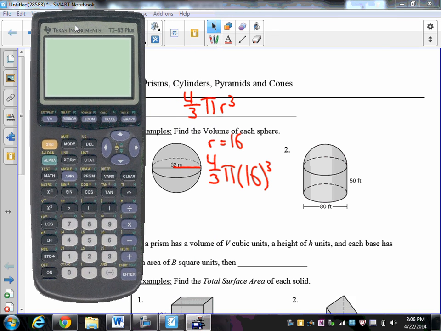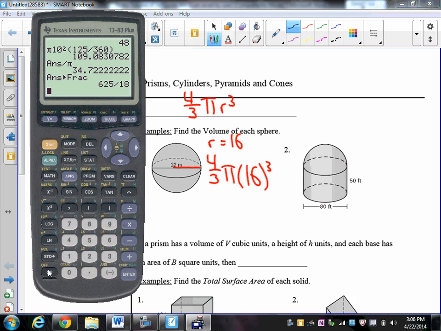So on our calculator, we're going to type in 4/3 times 16 to the third.